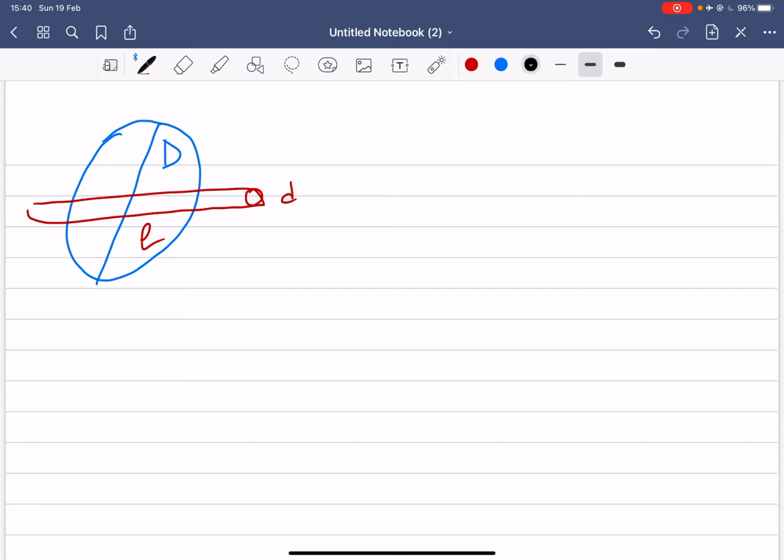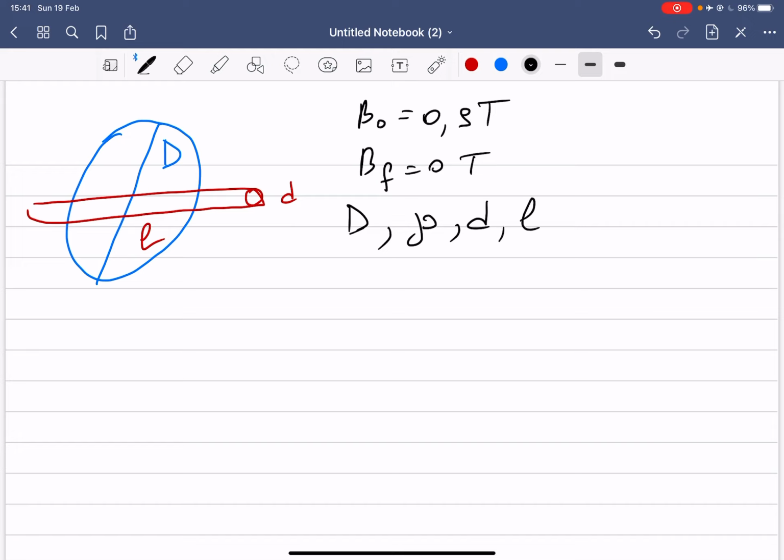Also the magnetic field is given, so B initial is 0.9 Tesla and B final is 0 Tesla. The capital diameter of the loop is given, and this is copper, so it has a resistivity of copper, and the small diameter of the wire, and then we have the length of this wire.